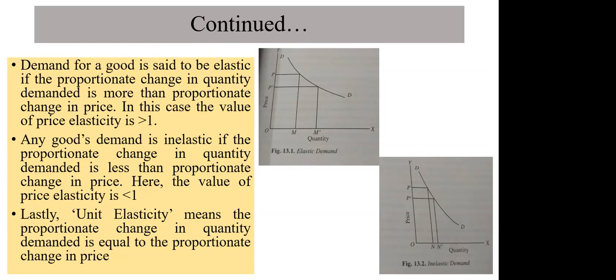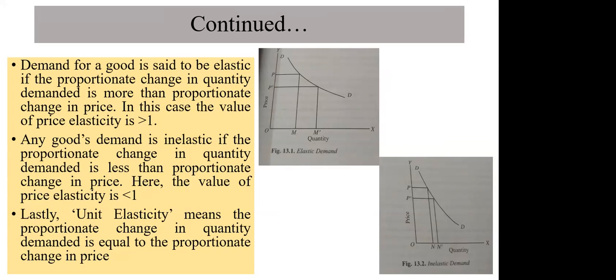First, what is relatively elastic? Suppose there is a 10% increase in the price of a particular commodity. But because of this 10% increase in the price, there is a 20% reduction in the quantity demanded.